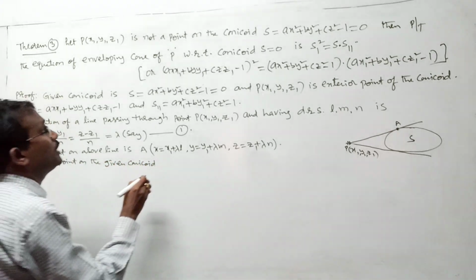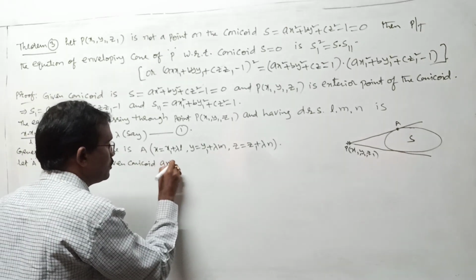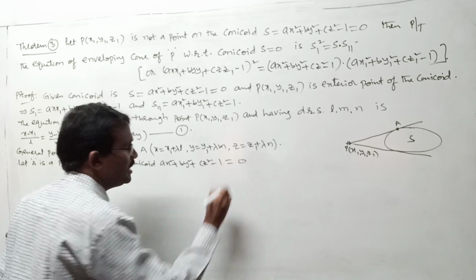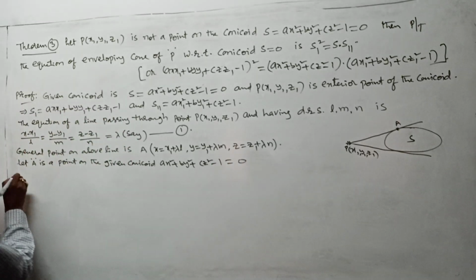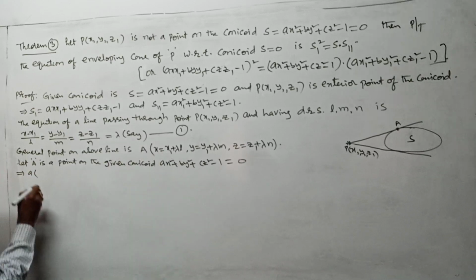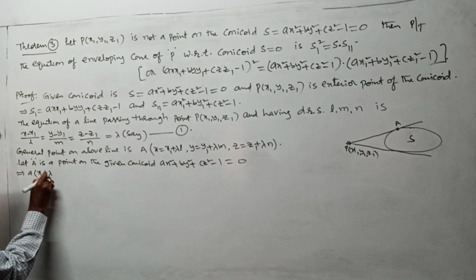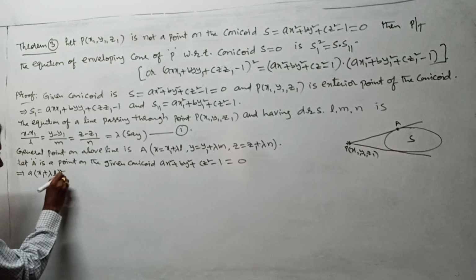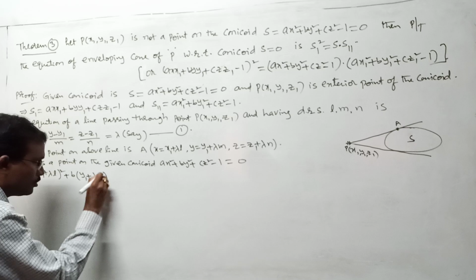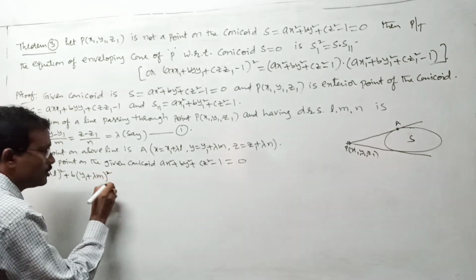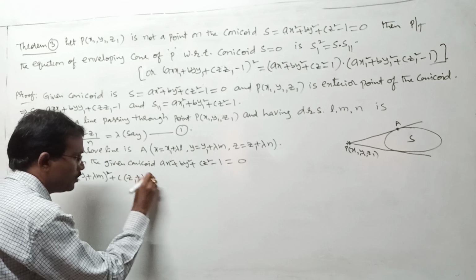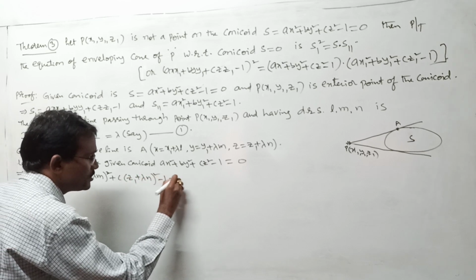What is that conicoid? a x square plus b y square plus c z square minus 1 equal to 0. This implies a into (x1 plus lambda l) whole square plus b into (y1 plus lambda m) whole square plus c into (z1 plus lambda n) whole square minus 1 is equal to 0.